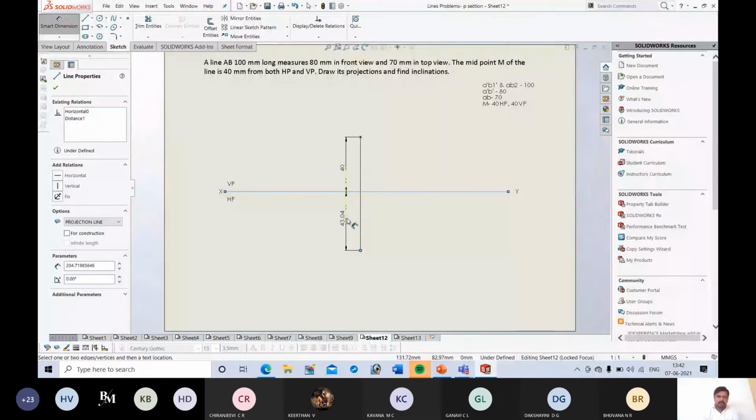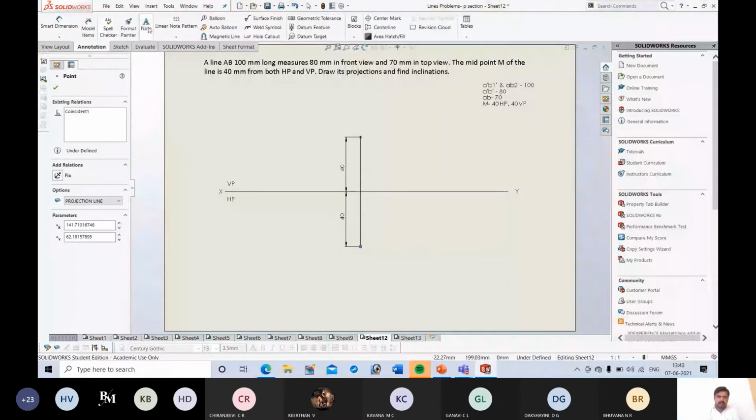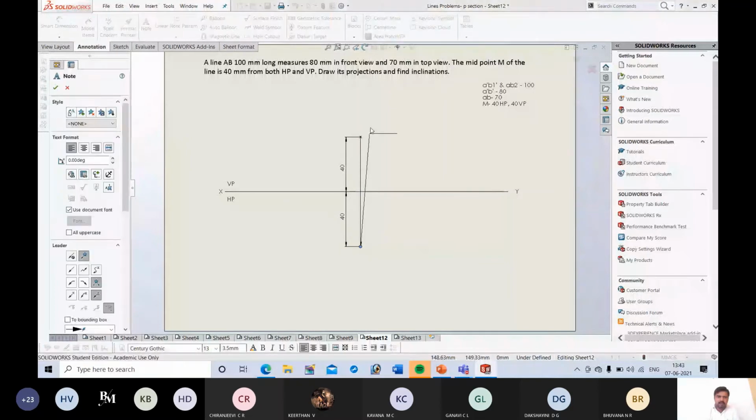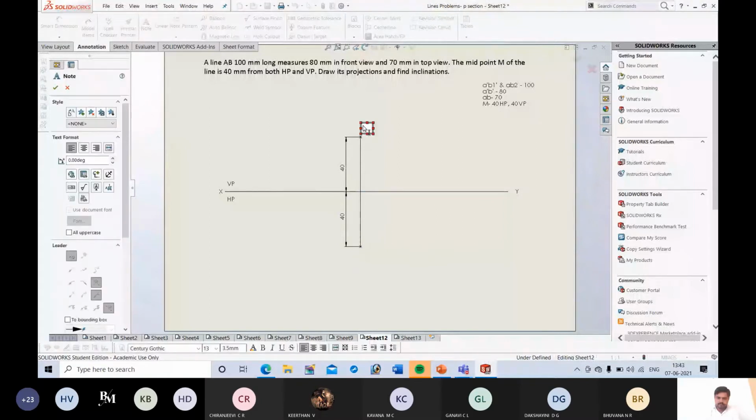Then I will name this. Since it is the front view of the midpoint, M dash. This is the top view of the midpoint, M.